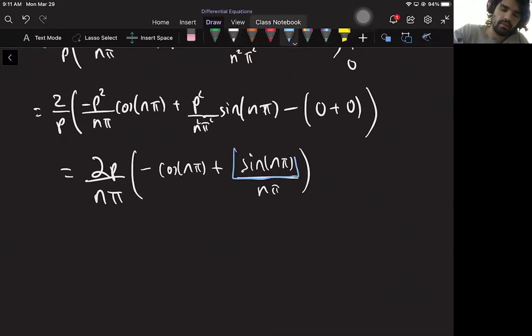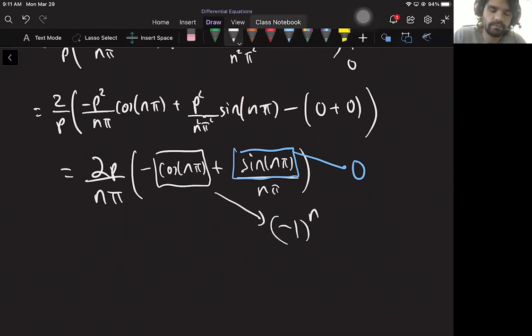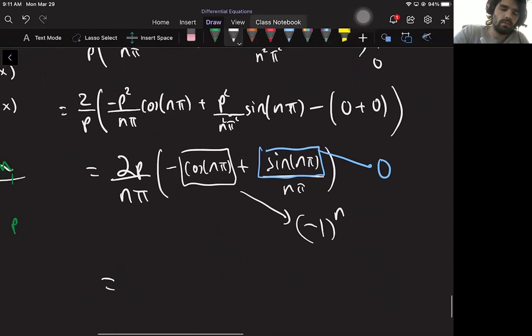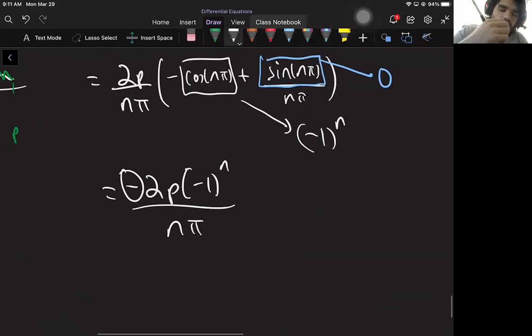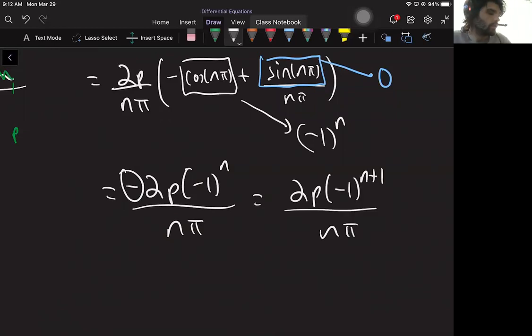Sine of a whole number times pi is always just going to be 0. And cosine of a whole number times pi is always going to be negative 1 to the n. So we end up with 2p. We have this extra negative in the front, negative 1 to the n over n pi. This negative you can think of as another negative 1, so you could just make it be 2p times negative 1 to the n plus 1. That's fine too. Okay, so these are my coefficients.